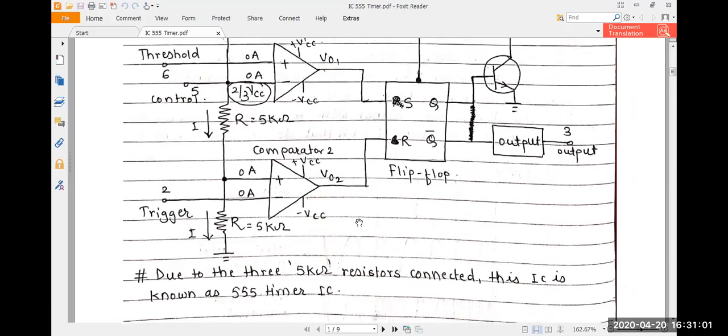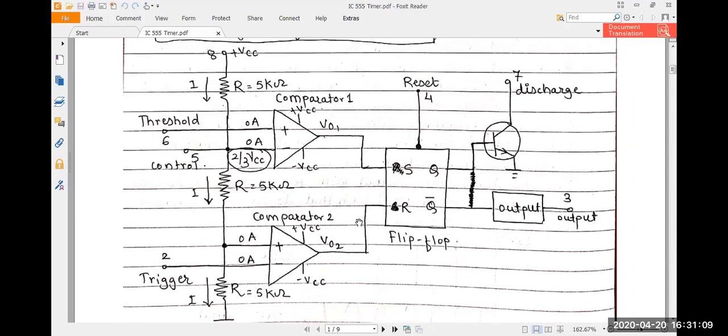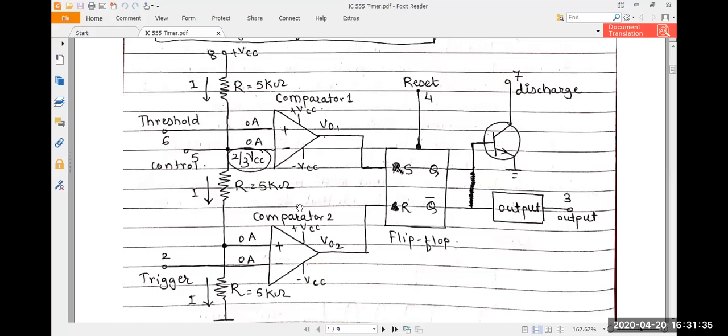You can see at pin number 5, if you just concentrate on comparator 1, you can easily find out the voltage at this particular point, which can be given as R plus R. We have already seen that these two resistors are in series.